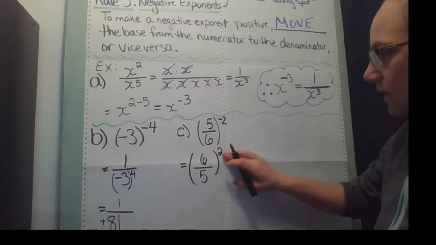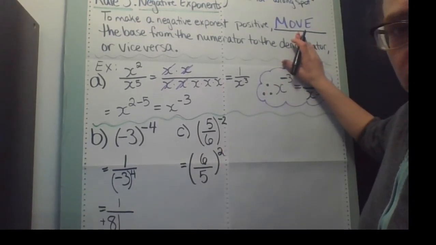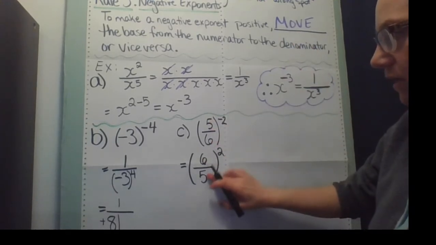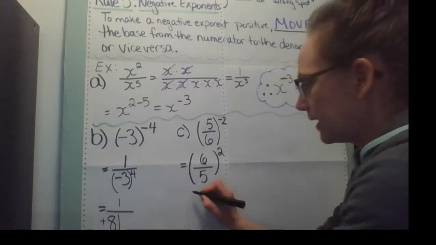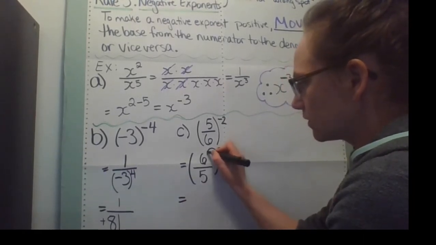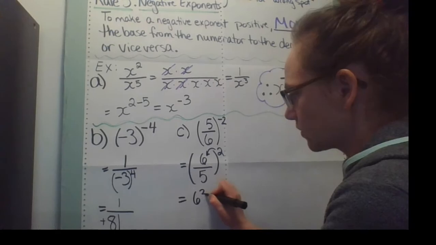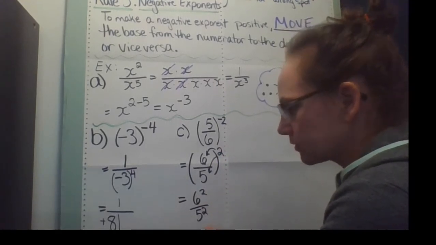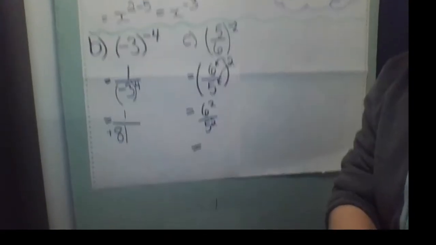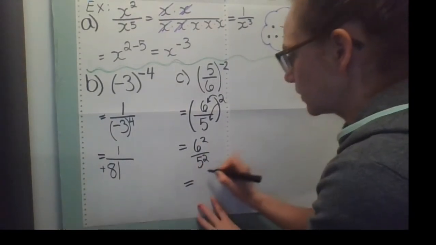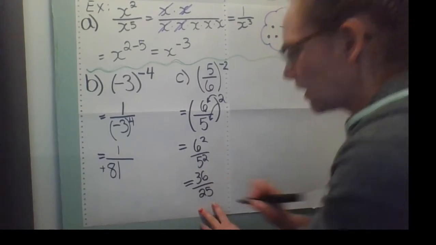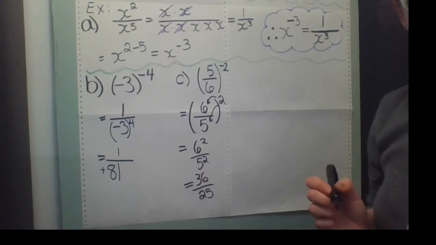Remember, the negative exponent means I need to move my numbers, numerator to denominator, denominator to numerator. Now everybody's going to get the square. So I've got 6 squared over 5 squared. My final answer for this one: 6 squared is 36, 5 squared is 25, and there's my final answer.